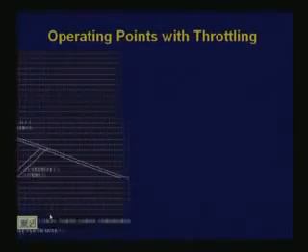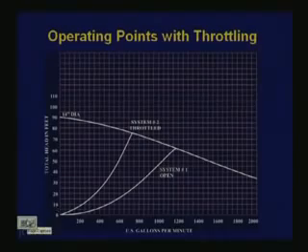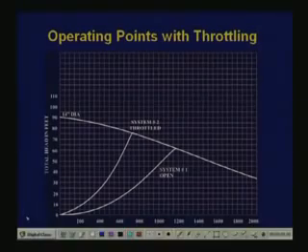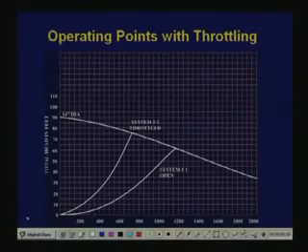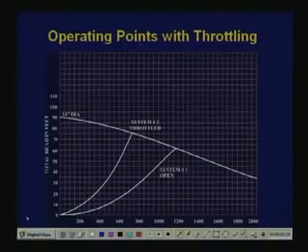Okay, so again in this case, in the case of fans you put dampers, in the case of pumps you put valves, right, flow control valves, which we have already seen in our earlier lesson. When you close the valve, it's generally called throttling.